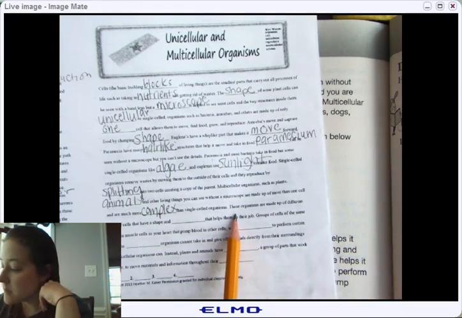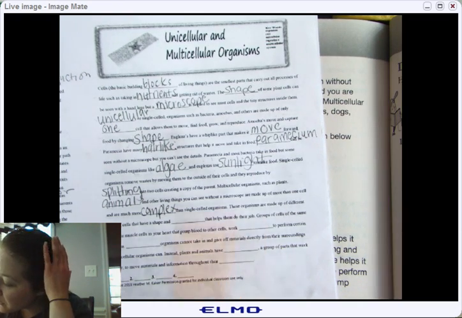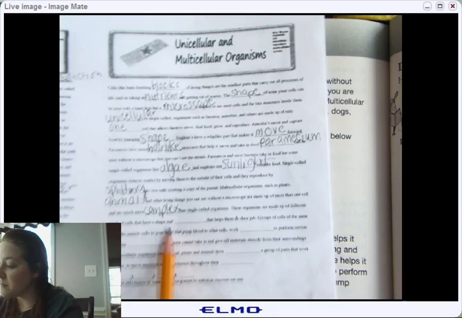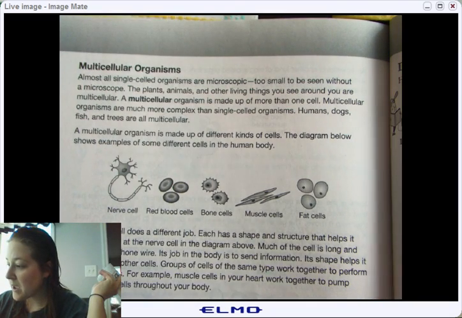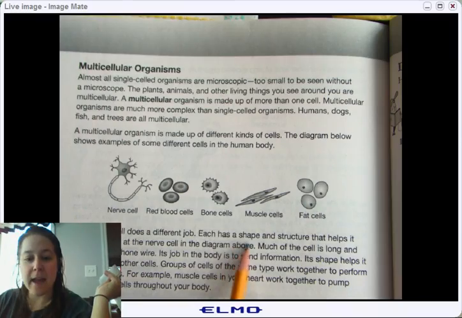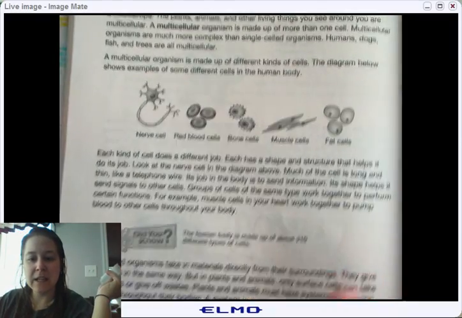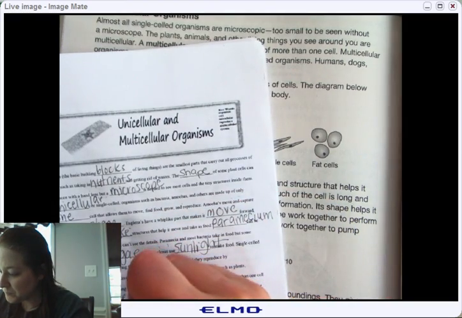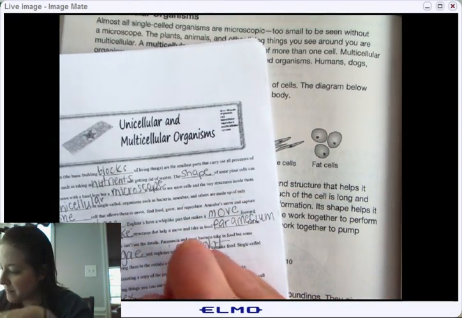These organisms are made up of different kinds of cells that have a shape and structure that help them do their job.